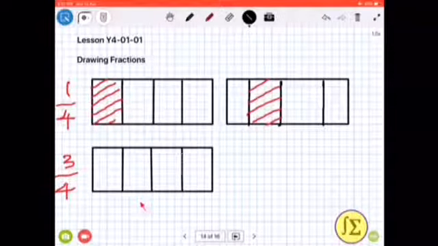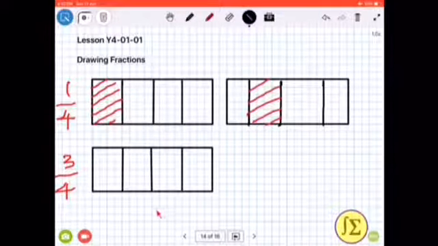Okay, and now, as we said earlier, when you want the focus, right? The focus, you have to look at the numerator. So the numerator is 3, right? 4 here represents the whole. How many pieces we are dividing the whole into? We have divided them to 1, 2, 3, 4 pieces, right?